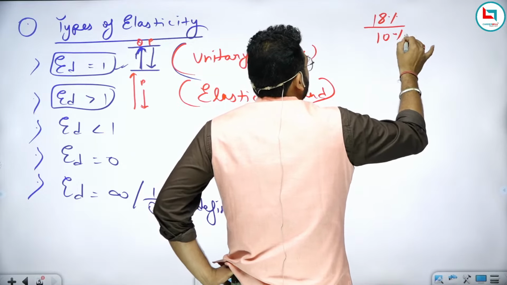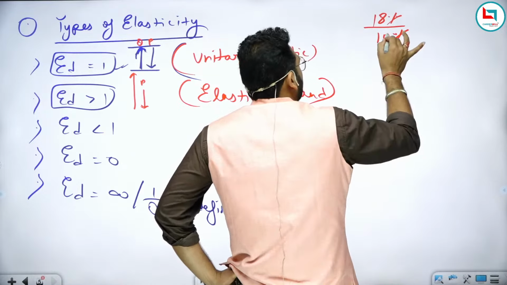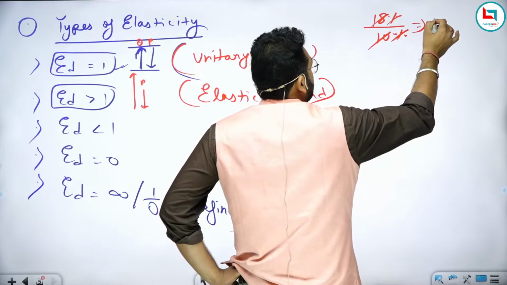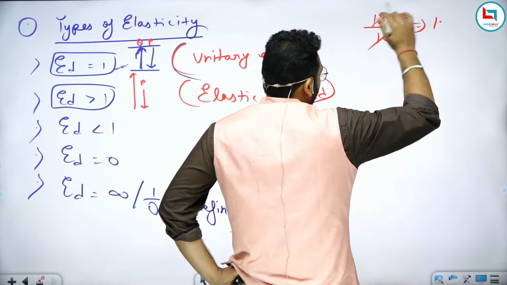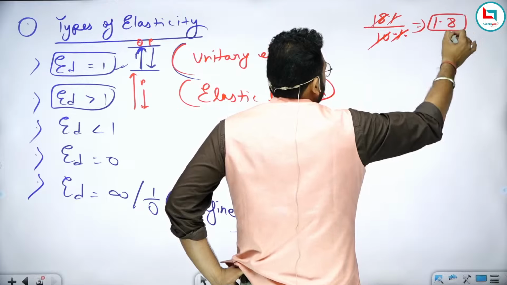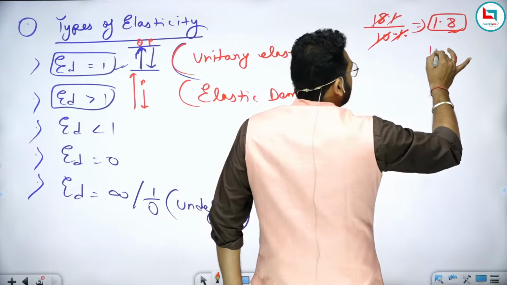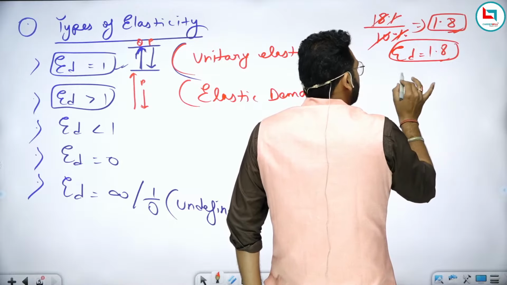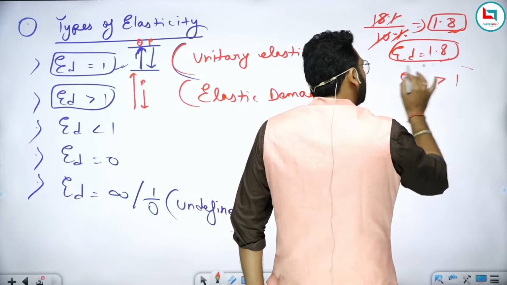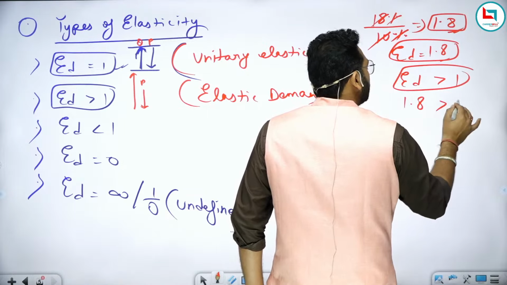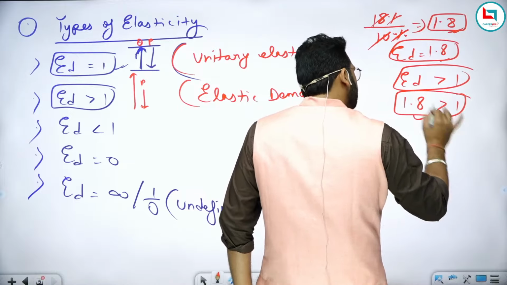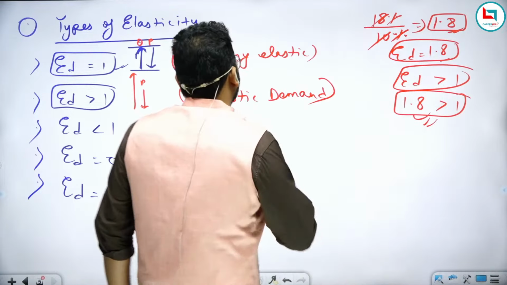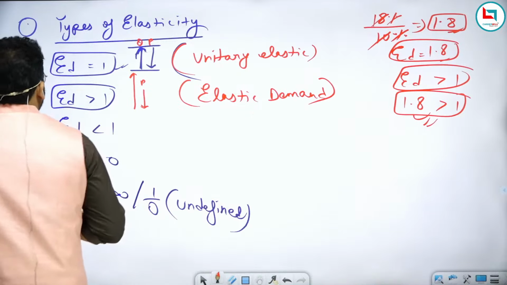So you will get the answer of ED as 1.8. And 1.8 is what? We can say ED is more than 1, or you can say 1.8 is more than 1. So if you are getting this condition, this is elastic demand.